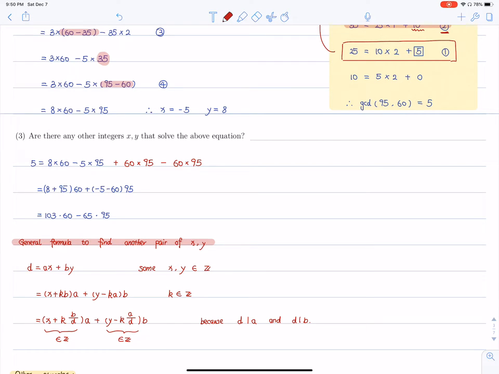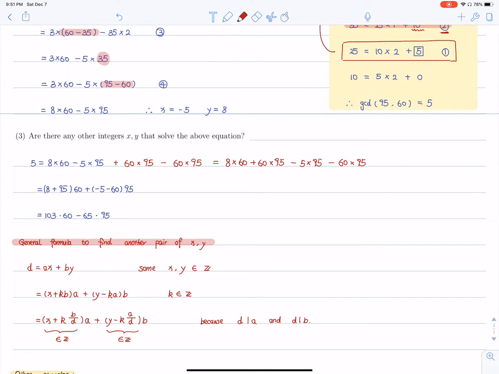Then you can group them together. So you group them together: 8 times 60 plus 60 times 95, minus 5 times 95 minus 60 times 95.